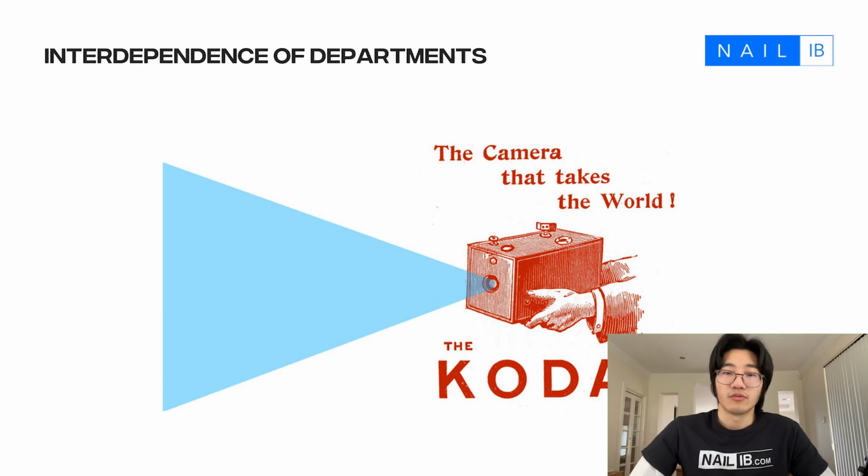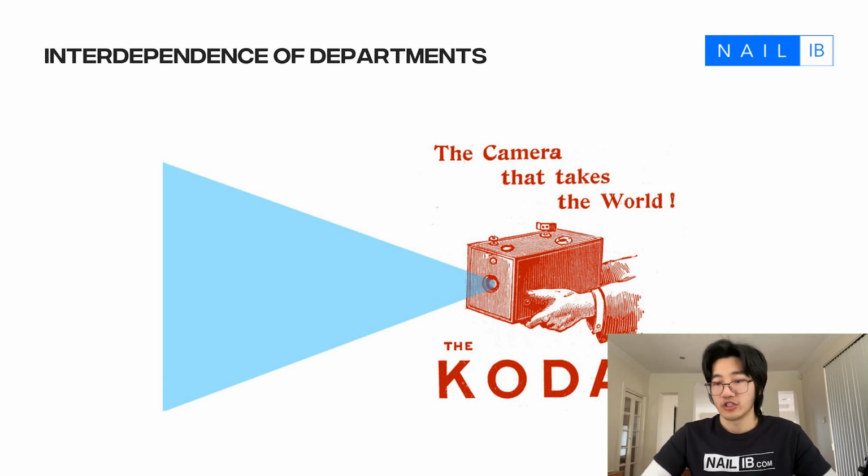But eventually a market change occurred. With the introduction of digital technology, digital photography, for example your cameras, Kodak failed to adapt. For example, their marketing department failed to see that the market was changing. The marketing department failed to react, meaning that there was no change in the operations.